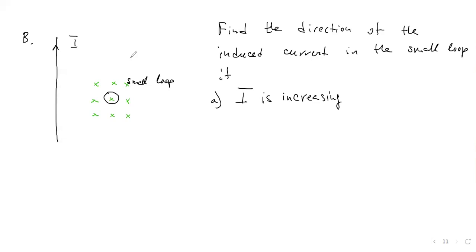So the current is increasing, meaning that the magnetic field is increasing. So you're going to generate an induced EMF and induced current in the small loop. What will be the direction?